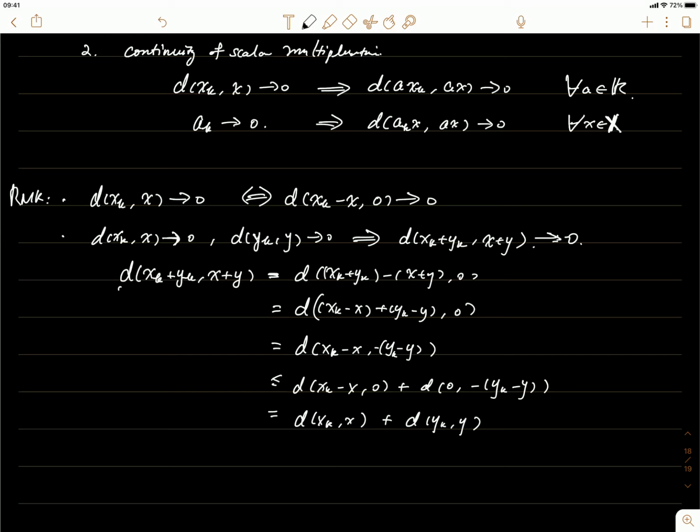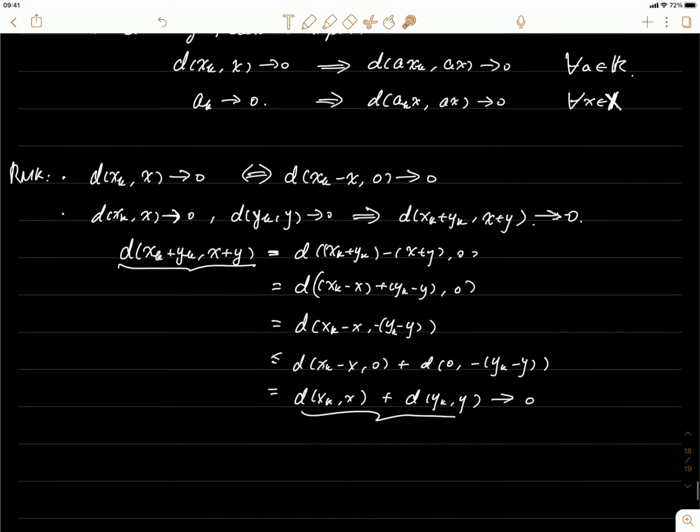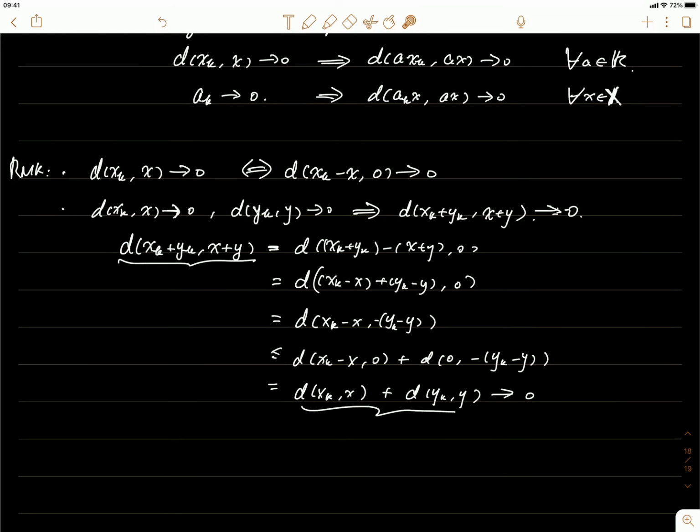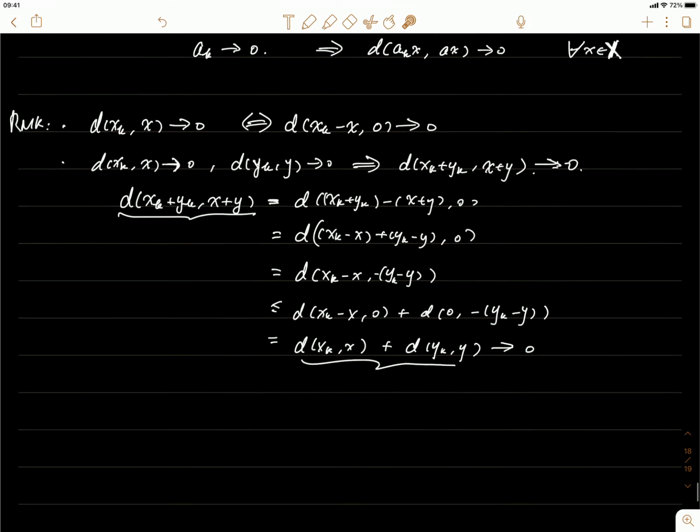Okay, so this, as a non-negative number, is always less than or equal to this, and because both terms go to 0, I know that this one goes to 0. Okay, so these are some easy properties we can see from the definition.